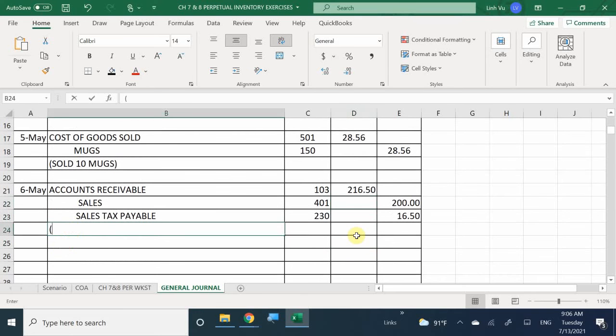Now I actually sold it to a specific person, so in the note I'll say: sold 20 mugs to customer A. Did we give customer A terms?